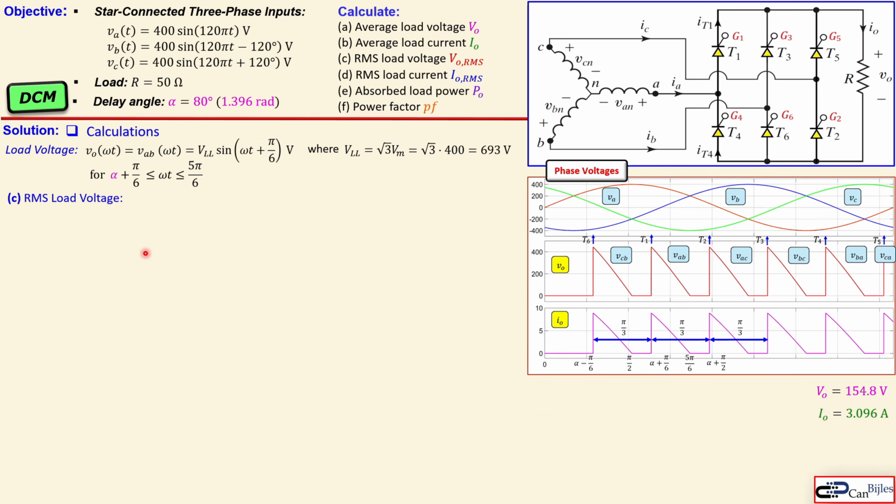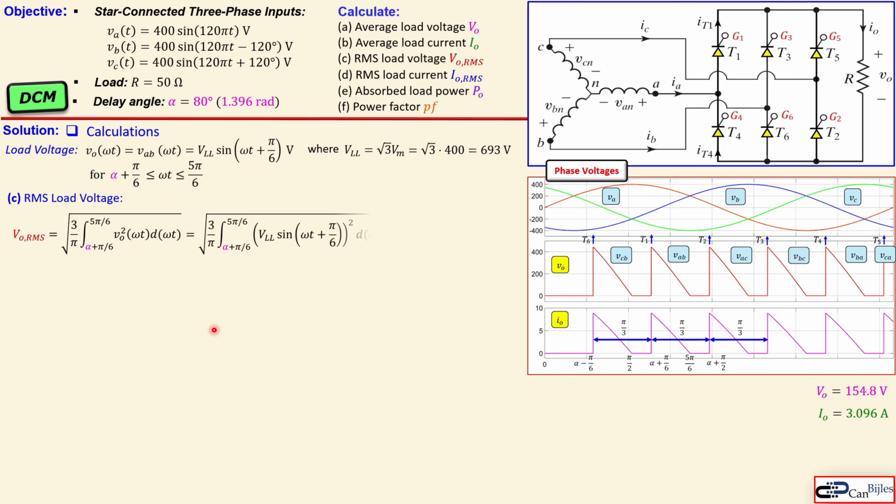Okay. The next one is about the RMS load voltage. That's question C. Again, we use the definition of the RMS value, which is the square root of 1 over the period, and then integrate the squared quantity between the lower and upper limits. Now we know already that it should be 1 over pi over 3, so that means 3 over pi in front, so I already made that change. And again, the same limits, and you see here now we need to square this expression.